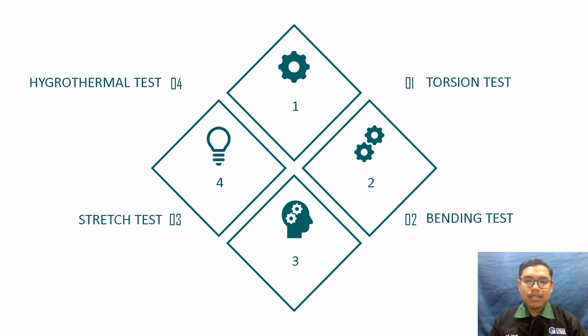Okay, the next part is testing for SCI. There are four tests that can be done on the SCI: first, the torsion test; second, the bending test; third, the stretch test; and fourth, the hygrothermal test.